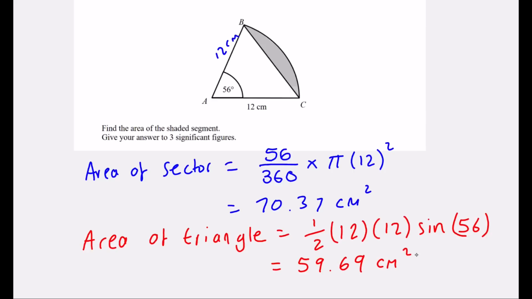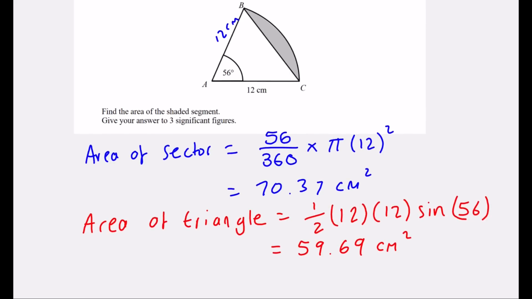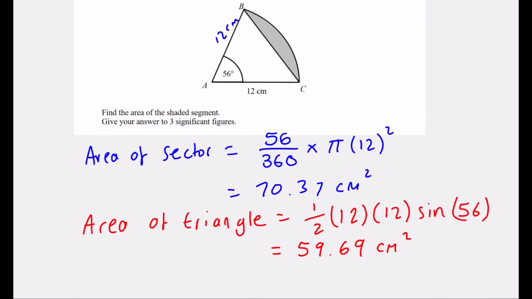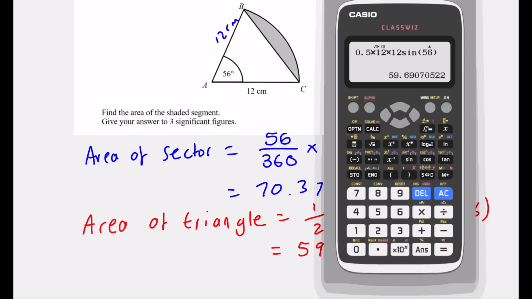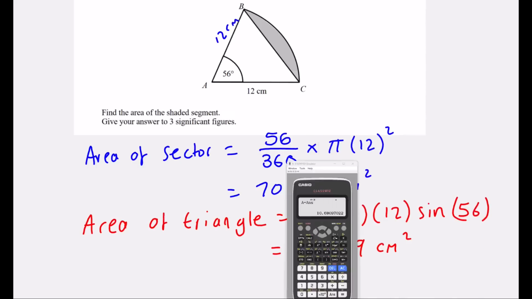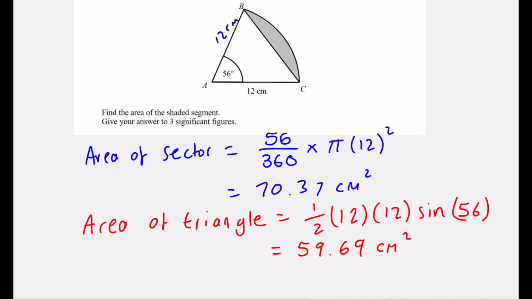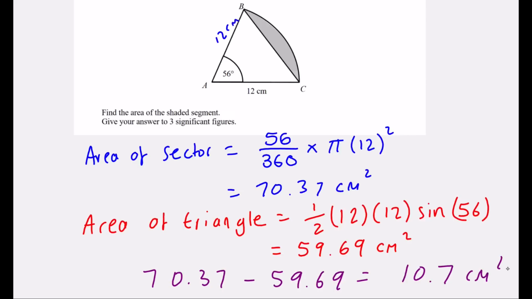And we just need to take these away now. So the area of the sector, take away the area of the triangle. I saved the sector as A, take away the last answer, and I get 10.7. 70.37 take away 59.69 is 10.7 centimetres squared.